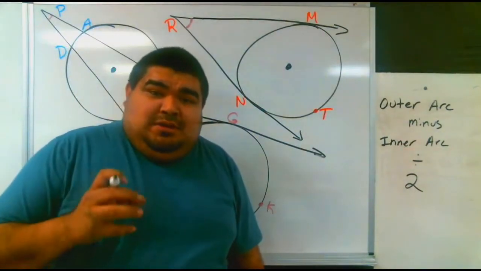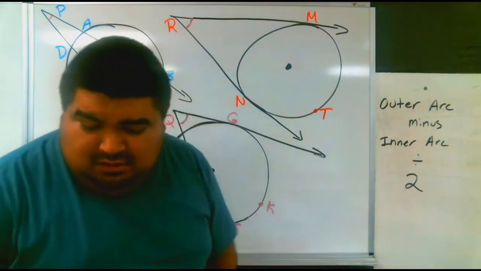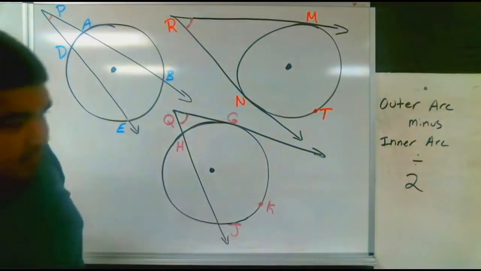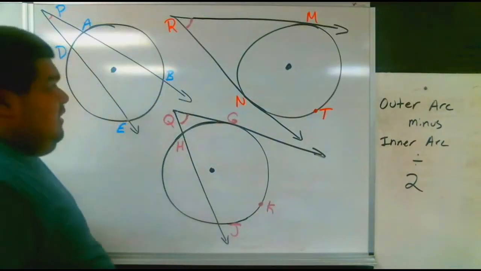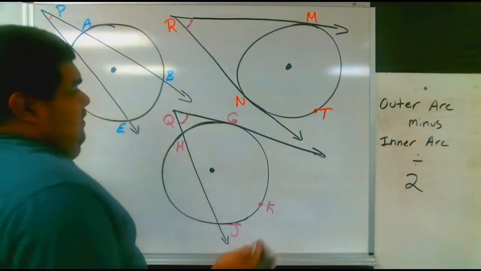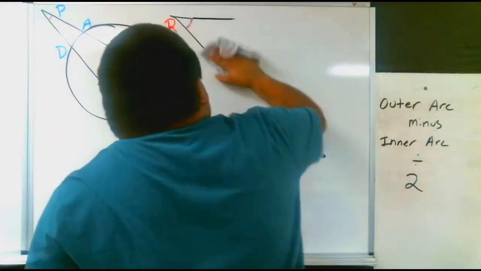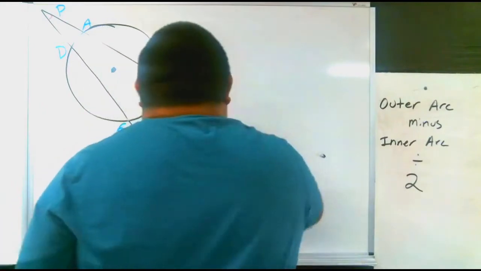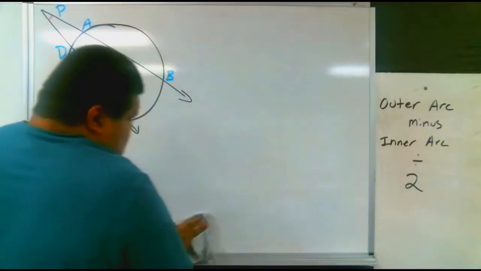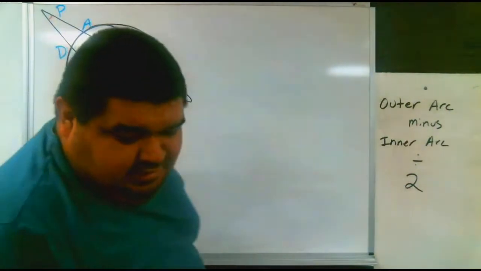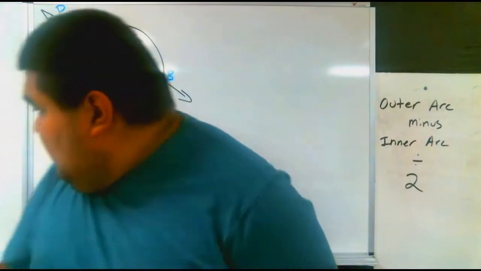The way we do it is, now that you have all three circles, I'm going to use one of them. It really doesn't matter which one you use. I'm going to use the first one. It's the same rule for all three. Let's use red.